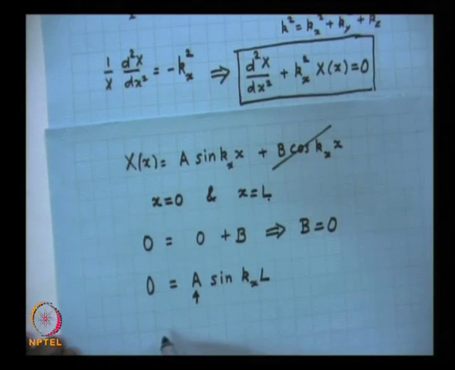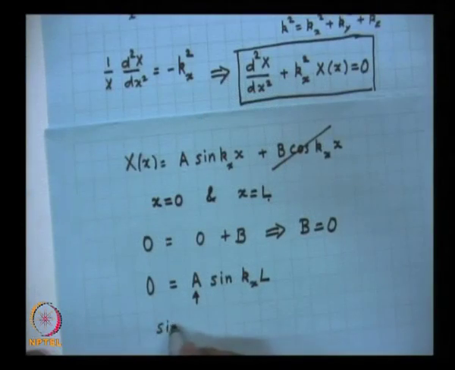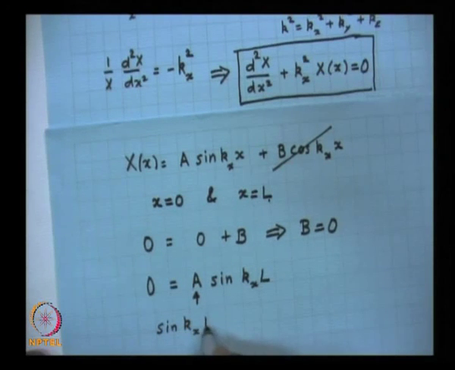If A is 0, then the wave function is 0 at all places, so psi is equal to 0 everywhere. That is known as the trivial solution. So, A cannot be 0. So, sin k x L must be 0.